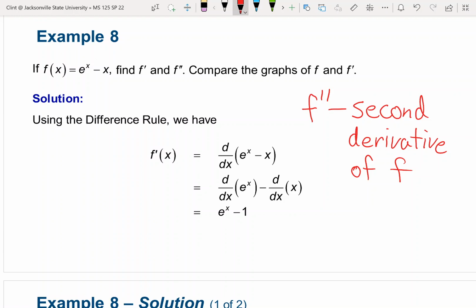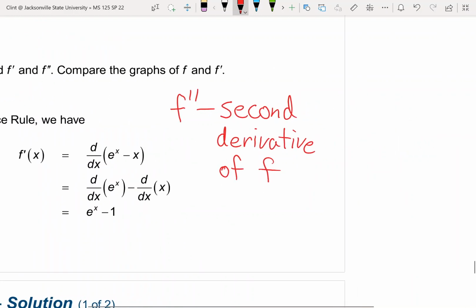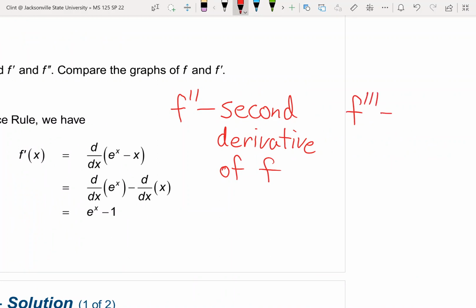So some notation here. Okay. We could take the derivative again and get the third derivative. Or we could take the derivative again.